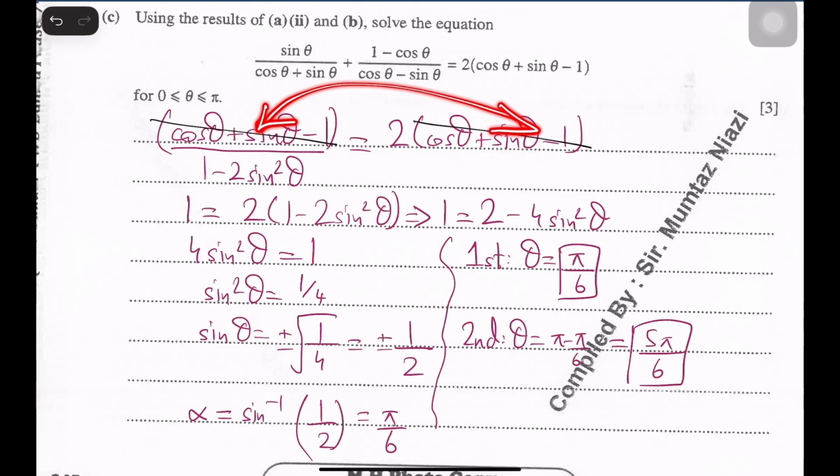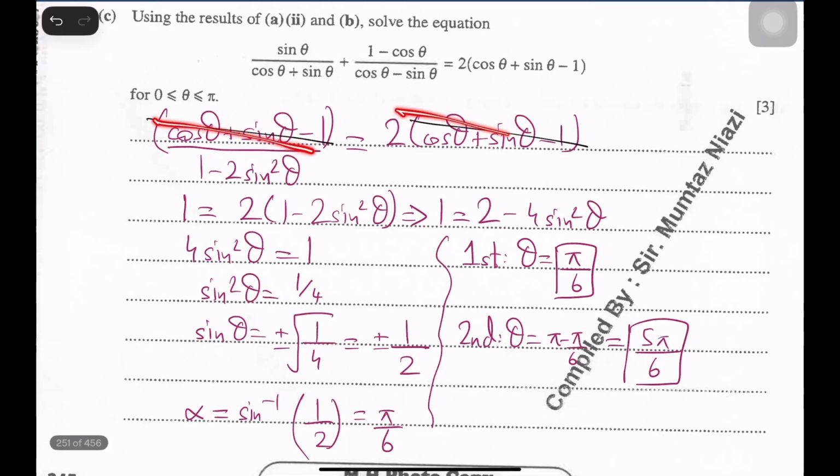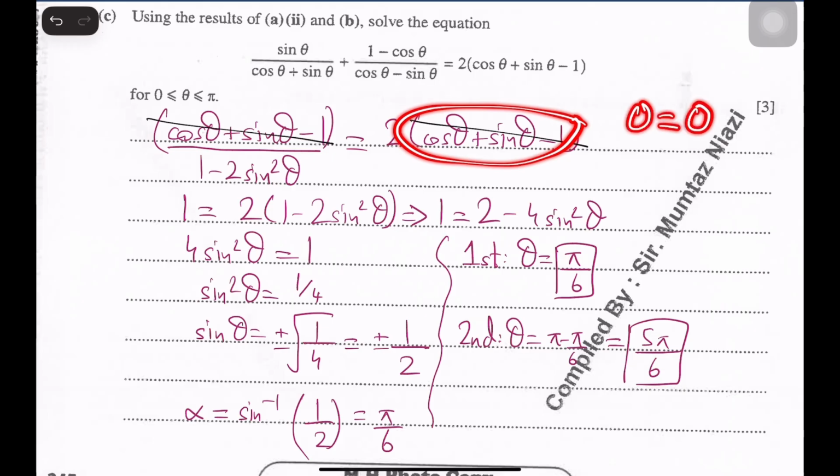So one possibility that we did was that if we cancel these out, we have the equation equal and then we solve that further on. But if this was equal to 0, then this would also be equal to 0, so we would basically just have 0 equals 0 and this equals sign would have worked. So we also have to consider that possibility.